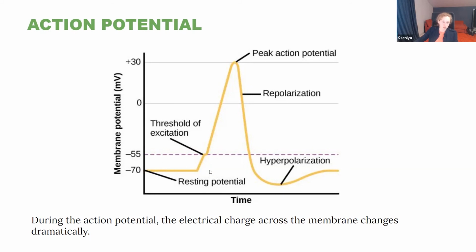So if the resting potential is minus 70 millivolts, at the peak of the action potential we have plus 30 millivolts. And this is the wave we can see at every point of the axon.